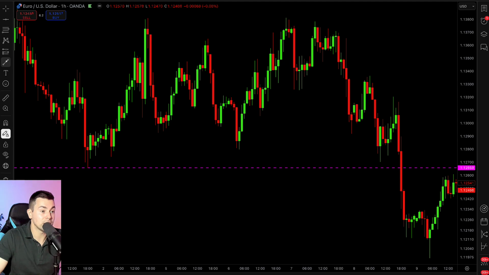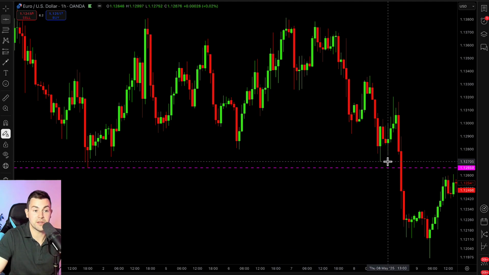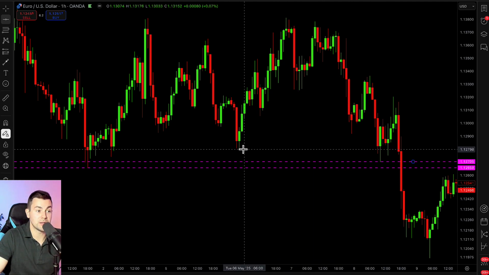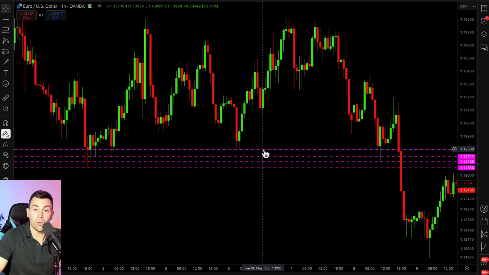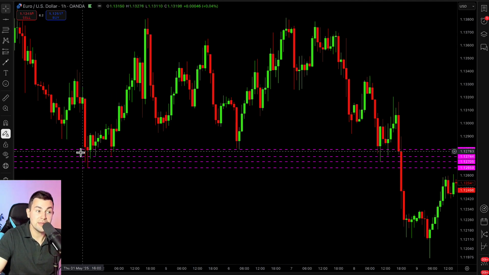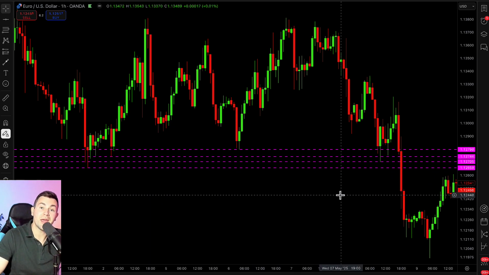And we have a lot of levels like that. We have such a level right here, we have such a level right here, we have such a level right here. What is important about all of these levels is that in the past we saw a clear interest of the buyers around these levels. We see that buyers were placing their orders around these levels, and for that reason the price bounced from these levels.